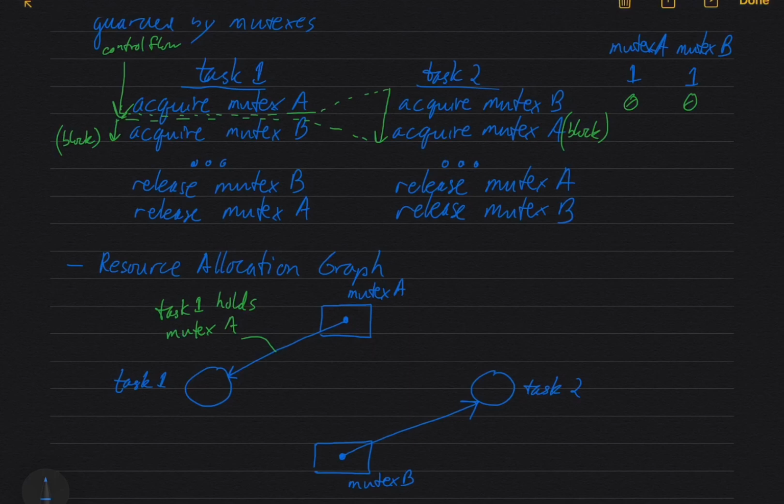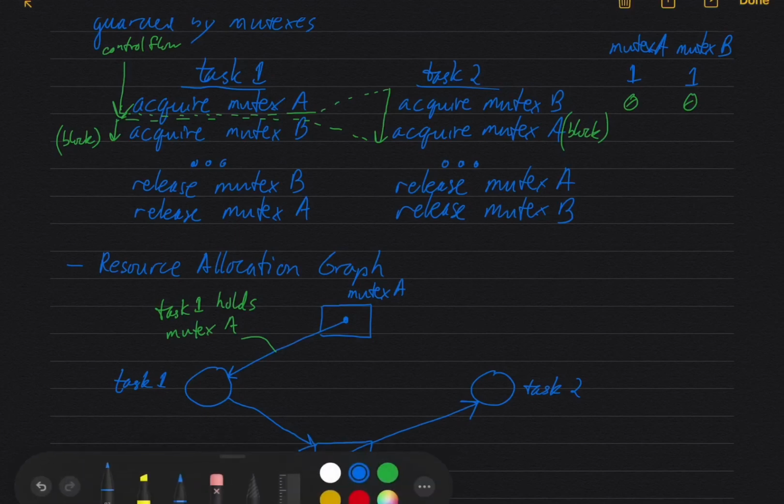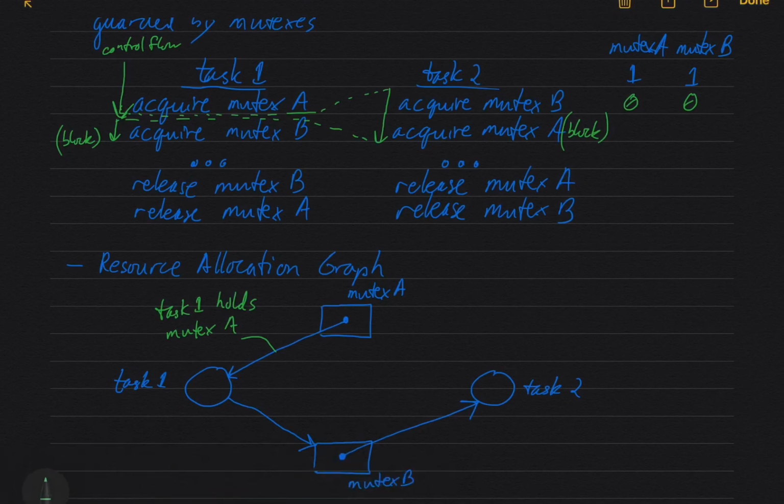And task 1 is waiting to acquire B, and the way that we show that it's waiting to acquire B is that the line goes from task 1 to mutex B, and it just goes to the outside of the box, not to the inside. So this denotes that task 1 waits on mutex B, and task 2 is waiting on mutex A.